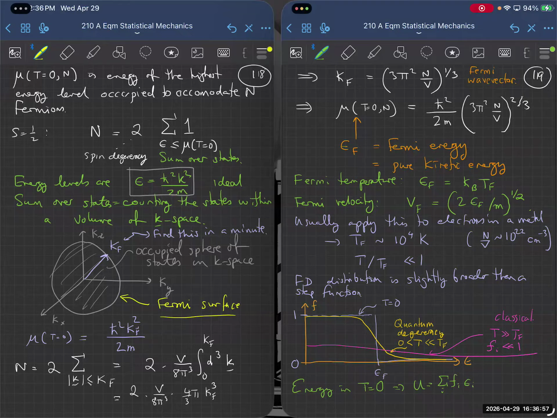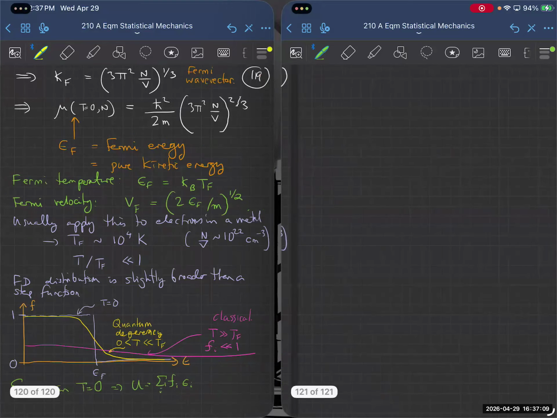So that's the expected value of the energy: the sum over the single particle quantum states, the energy of those single particle quantum states times their average occupation number. And let's go ahead and calculate that.